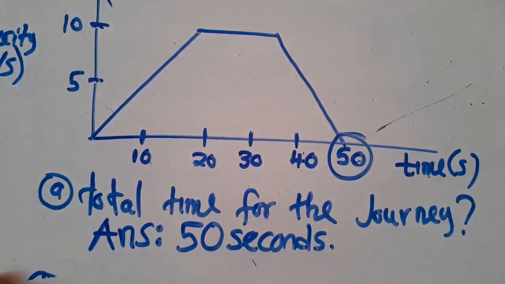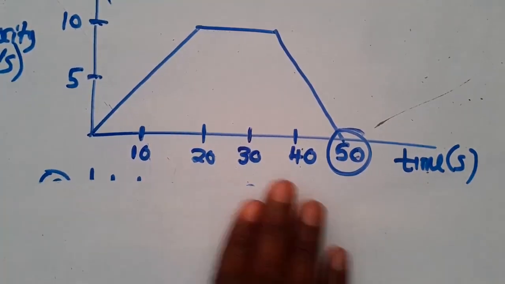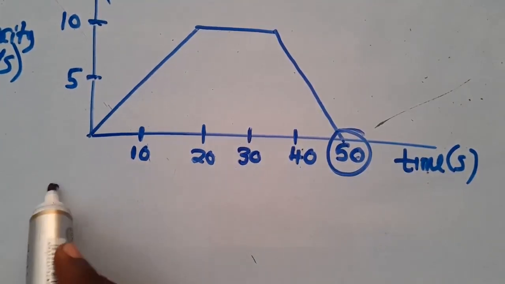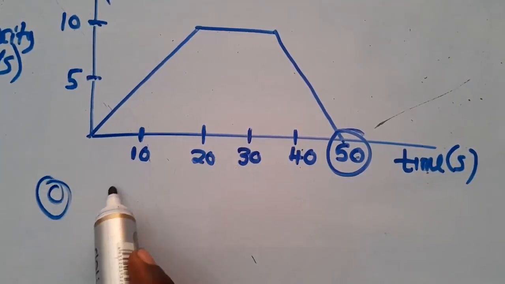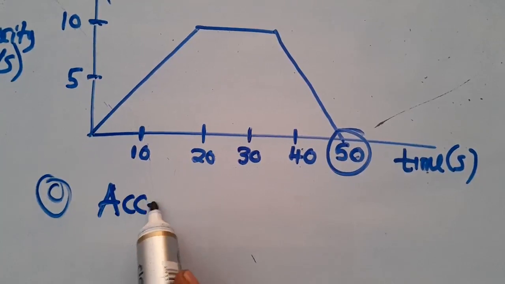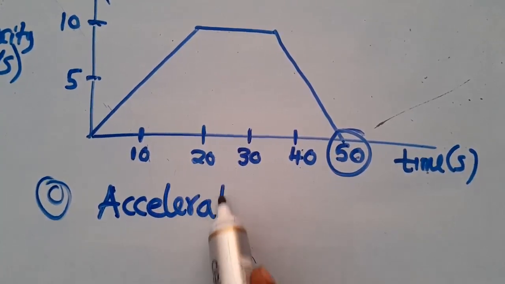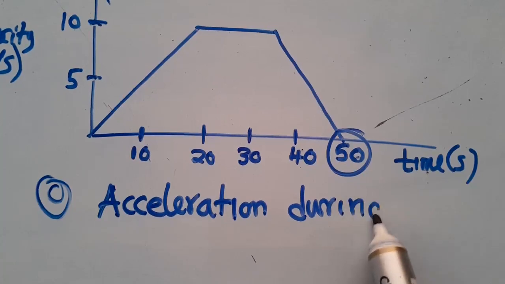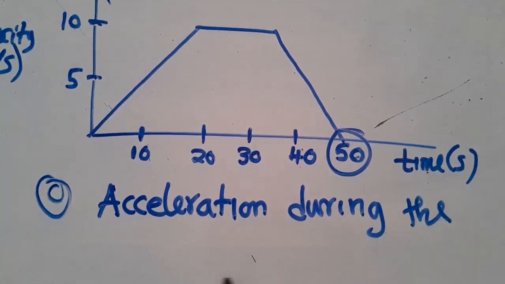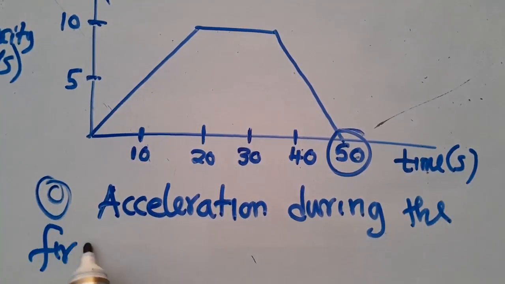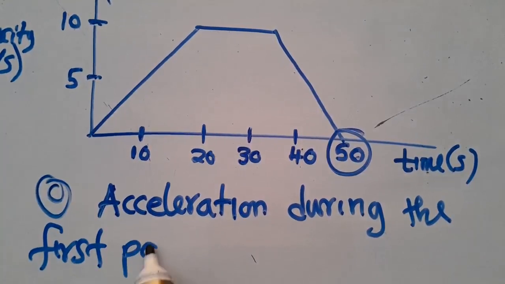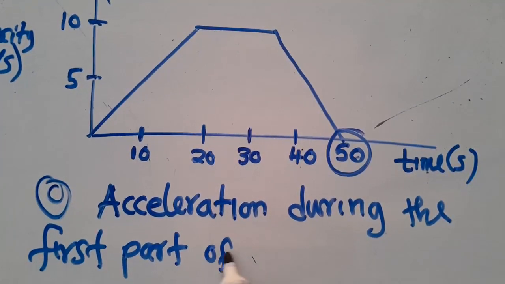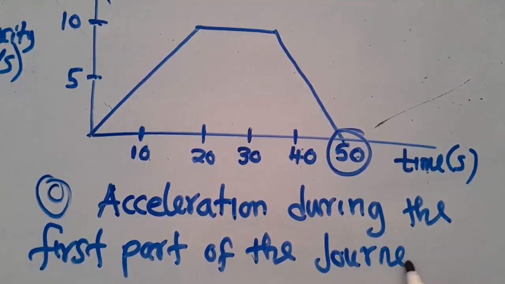Then let's move to question C. Question C was telling us to find the acceleration during the first part of the journey.